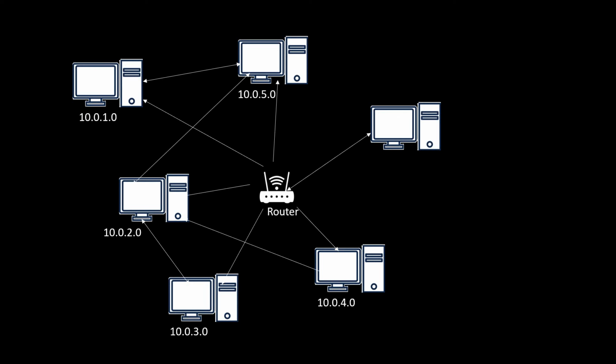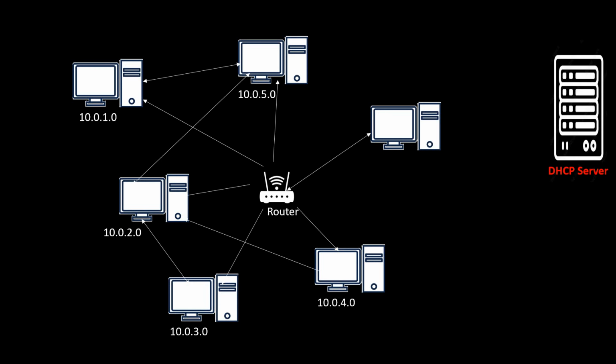So in this case, the DHCP server comes into the picture if we want to assign IP addresses dynamically. The DHCP server automatically assigns the IP address from the pool of free IP addresses.